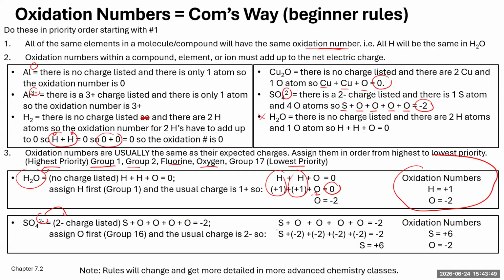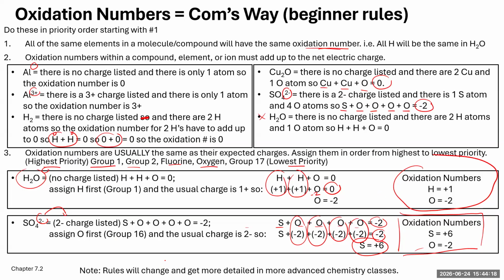So sulfur plus oxygen, oxygen, oxygen, oxygen has to be -2. We know oxygen is -2, so we assign -2 to all of those. Since those are -2, sulfur has to be +6 for those to add up to -2. The oxidation numbers are +6 and -2.